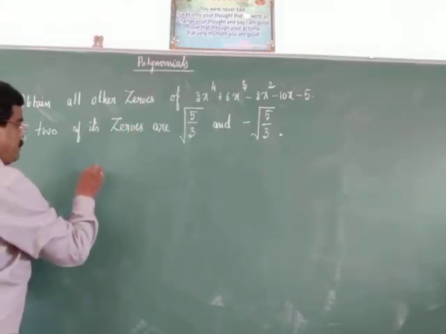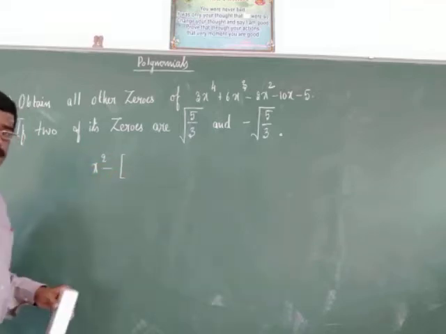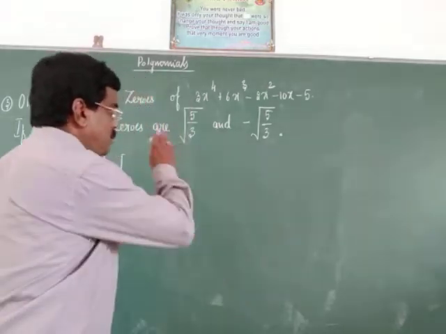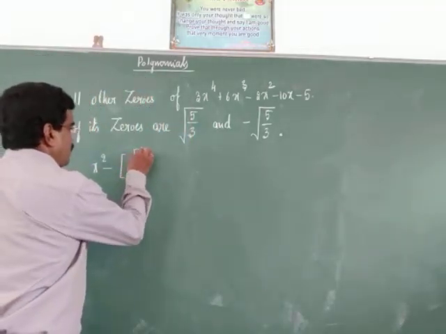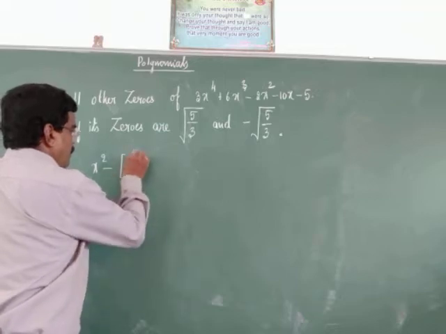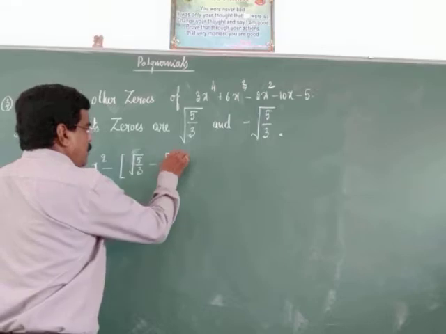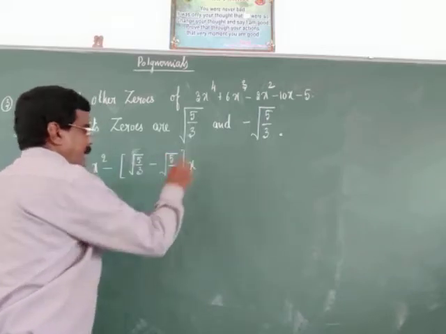That is x square minus, bracket, sum of the zeros. Sum of the zeros means add up both. That is root of 5 by 3 minus root of 5 by 3, into x.